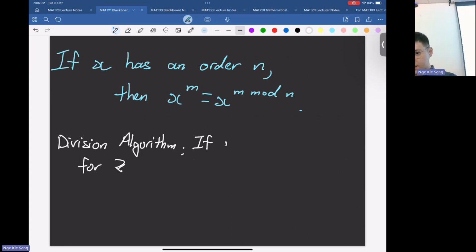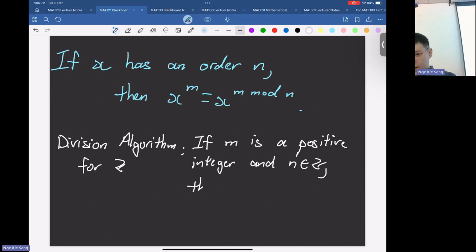If you take a positive integer m, and then you take any integer n, then you have a unique integer called the quotient, and a remainder, such that you can write n equals q multiplied by m plus this remainder.